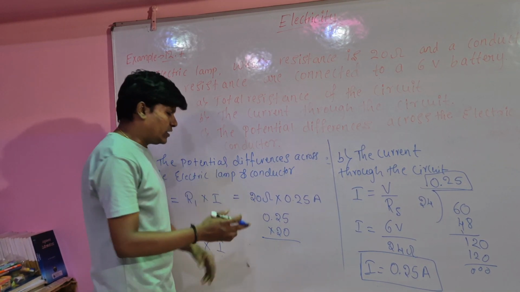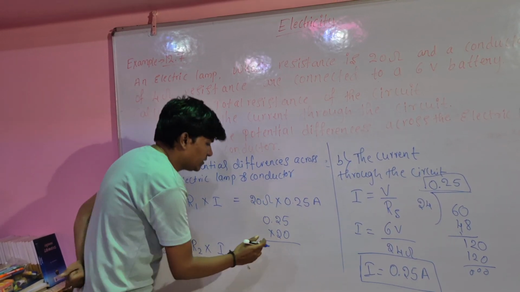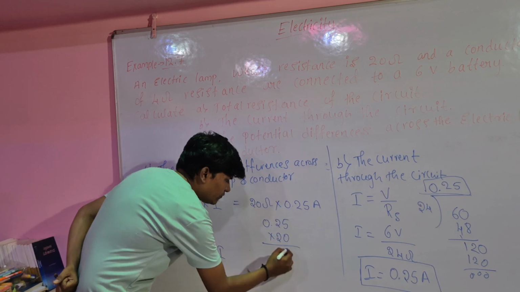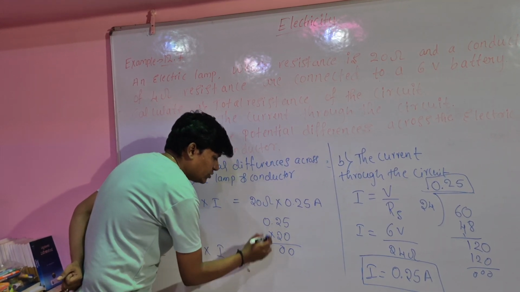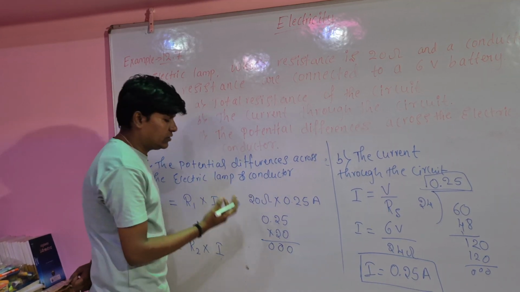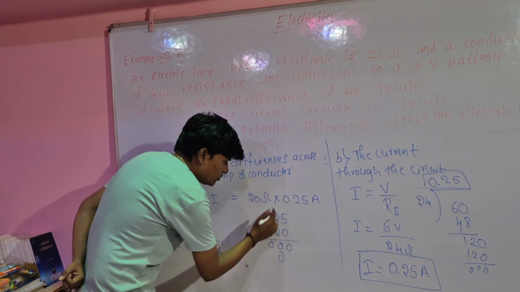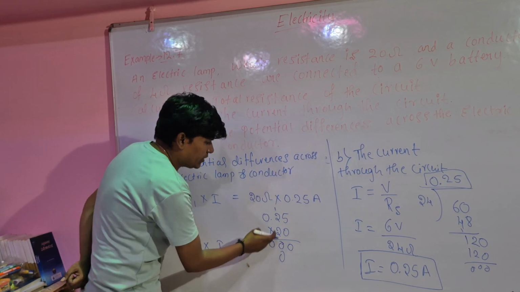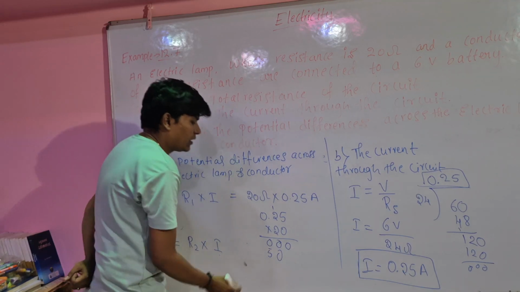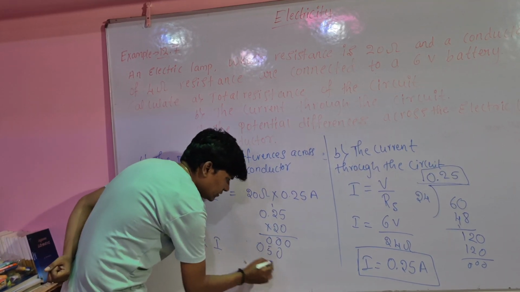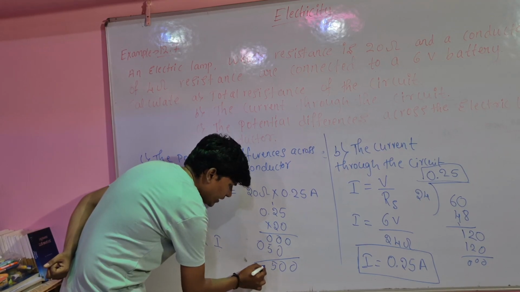Sometimes we forget the point here. 0 into 5 is 0, 0 into 2 is 0. Then 2 fives are 10, 0 here, 1 carried. 2 twos are 4, 4 plus 1 is 5.